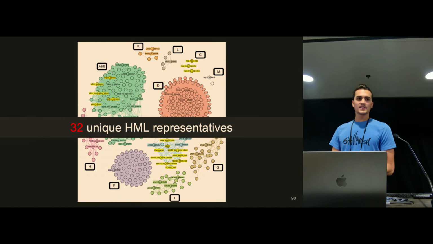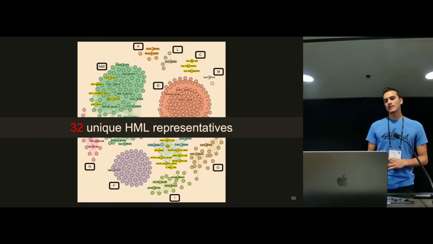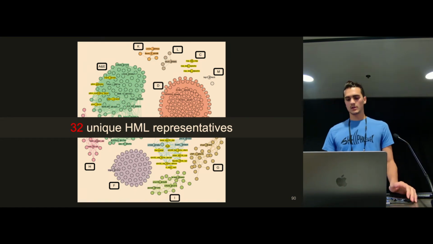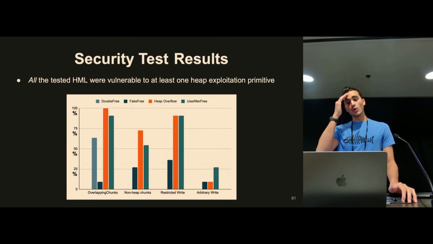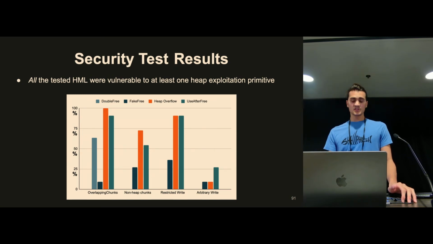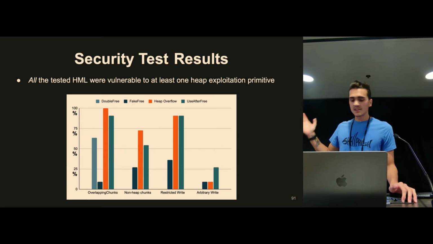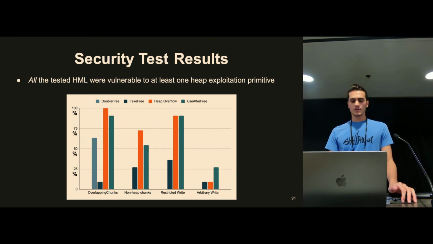So we selected 32 unique HML representatives from the clusters we identified before, and we tested them, and we discovered that all the tested HML were vulnerable to at least one heap exploitation primitive. From this graph, for example, you can see that we were able to trigger an overlapping chunk when using a heap overflow 100% of the time, over all the HML we identified in our data set.